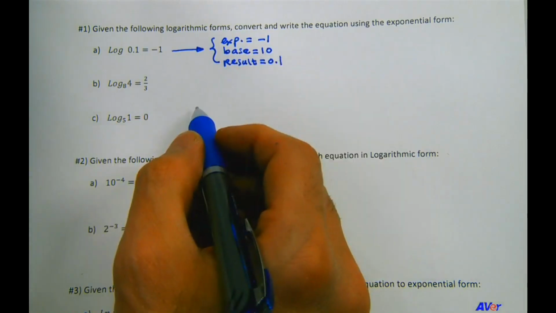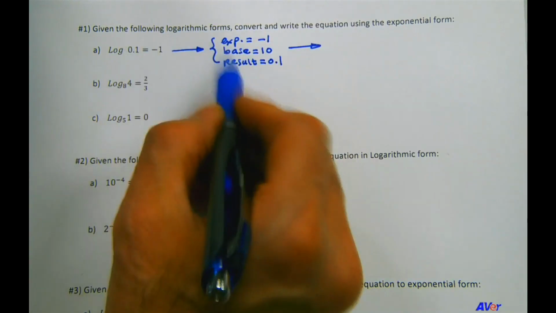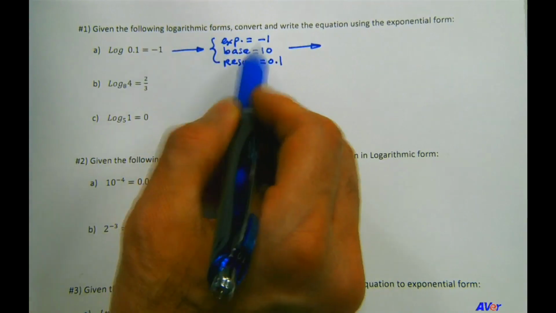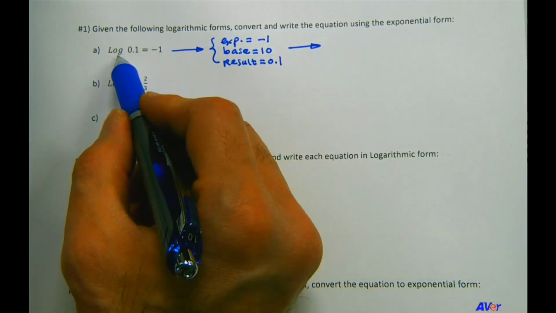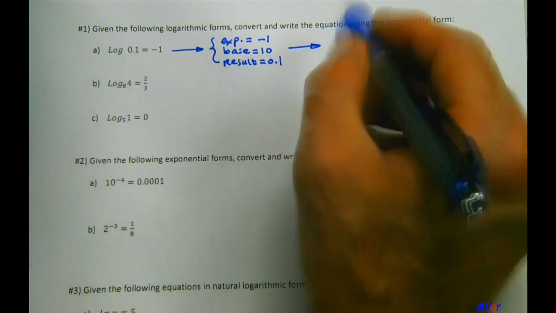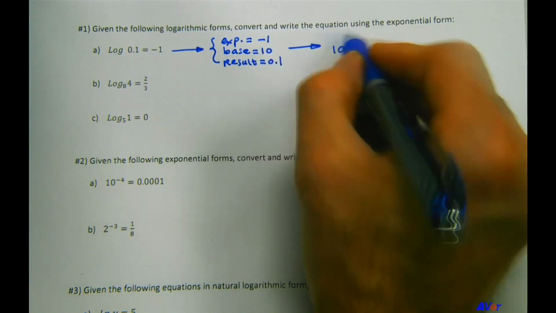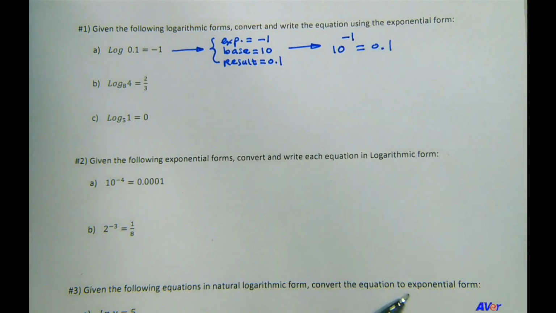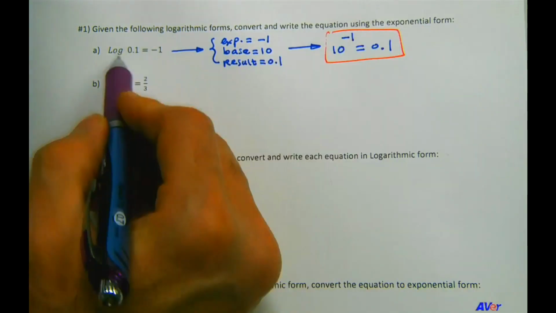Okay? So if in your mind you can break this expression up into these pieces, then you can easily write down the equivalent exponential form of this log expression. Because we say, oh, okay, so base is 10, exponent is -1, and the result is 0.1, and we're done. That is the exponential form of this log function.